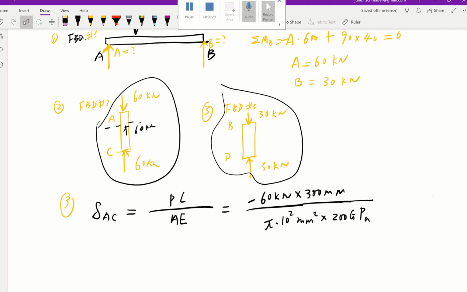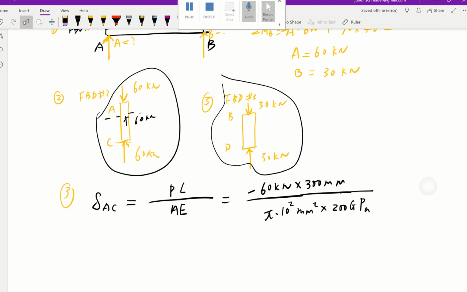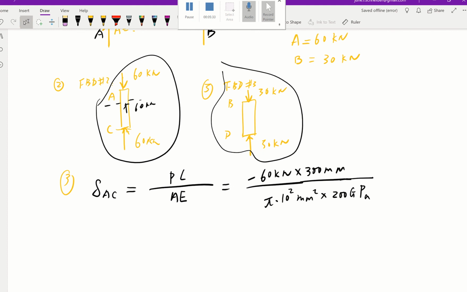Now, the units are a mess, but we are going to be smart about it. What we learned before: newton per square millimeter gives us megapascal, and kilonewton per square millimeter gives us gigapascal. So it looks like we're going to use this.